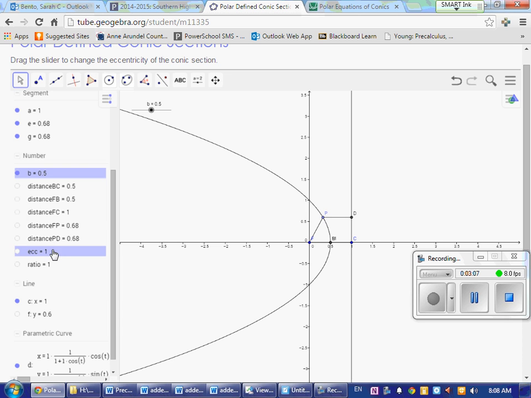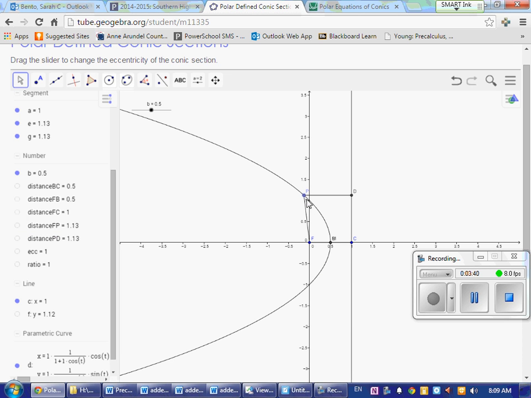And so what I want you to remember, so we know the eccentricity is 1. I want you to watch these values over here, and think about how we might get that the eccentricity is 1 using these values. Point P is some point on the parabola. I'm going to drag P, and I want you to watch the values off to the left as P moves. How could we be calculating the eccentricity right now? What are the numbers that are changing?